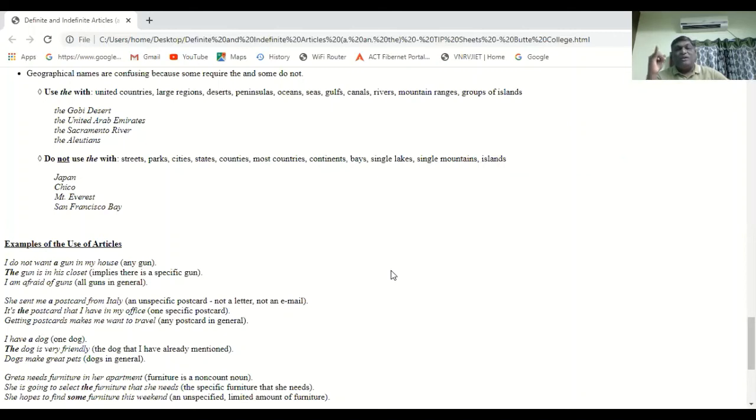Similarly, when you are talking about rivers, mountains, groups of islands, mountain ranges, canals, gulfs, seas, oceans, peninsulas, deserts, and large regions, you will be using the article "the." For example, the Gobi Desert, the Pacific Ocean, the Godavari River.